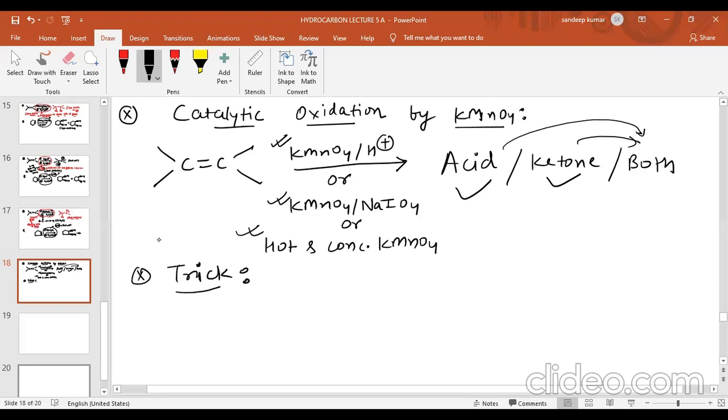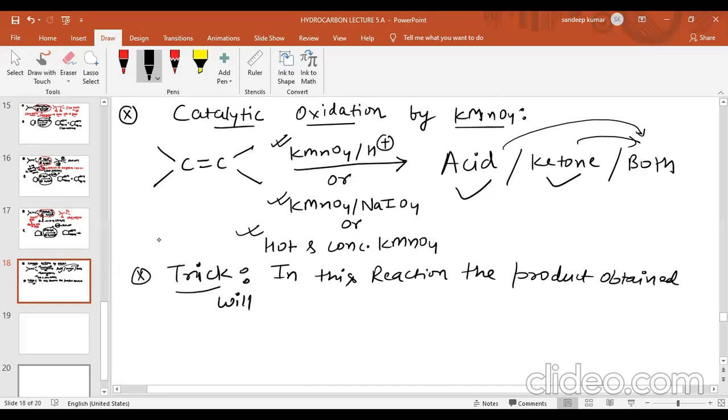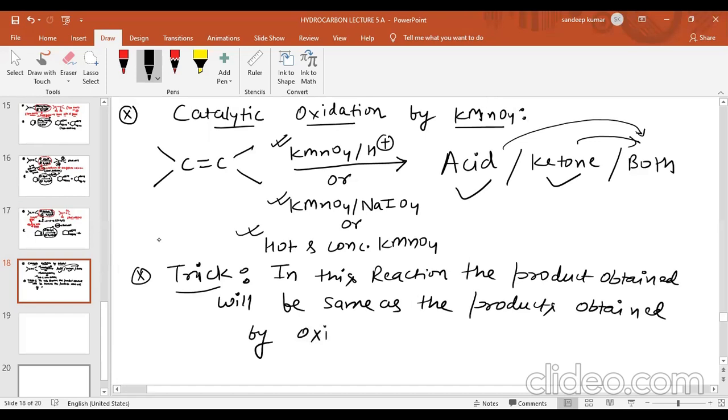In this reaction, the product obtained will be the same as the products obtained by oxidative ozonolysis.